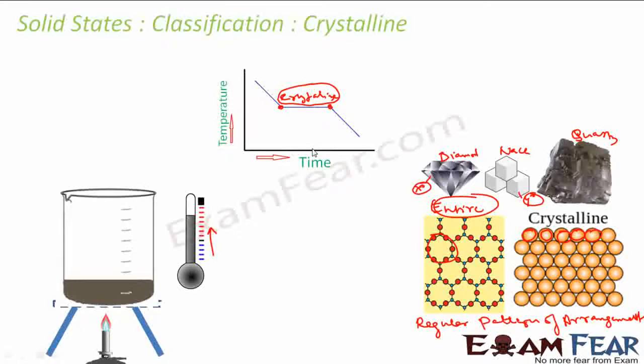Also they are anisotropic in nature. When I say anisotropic, that means their physical properties, like electrical resistance and refractive index, show different values when measured across different directions in the same crystal.